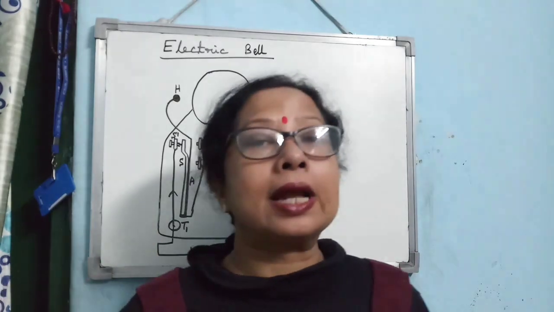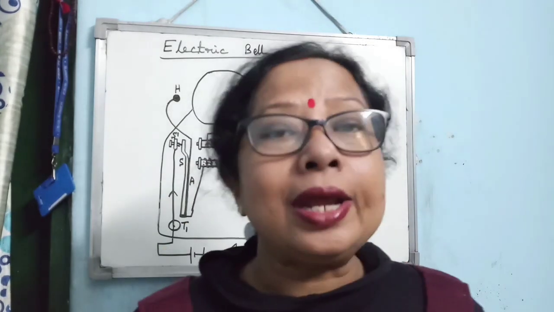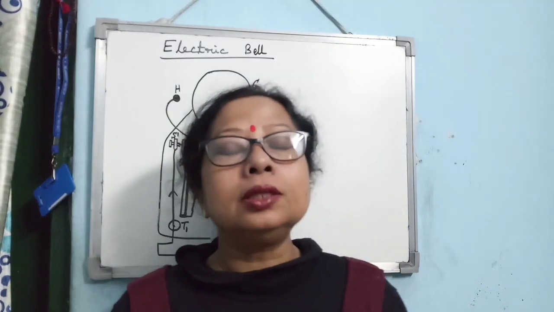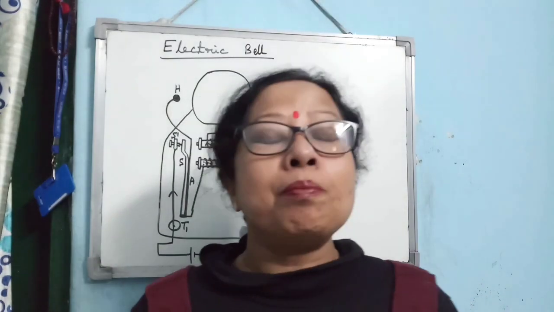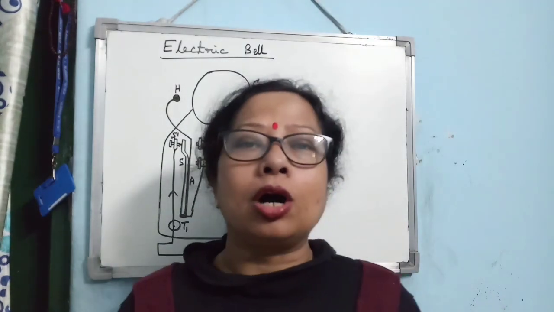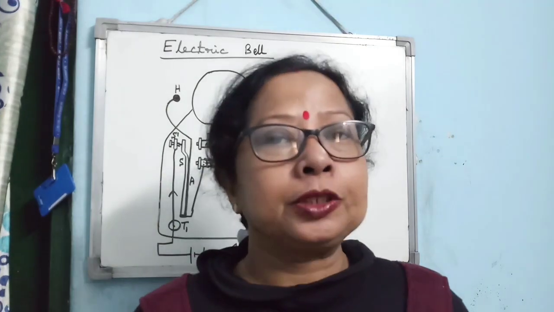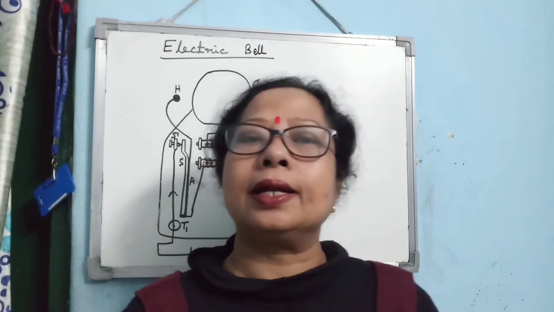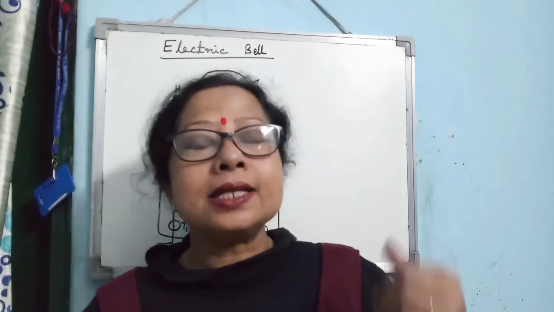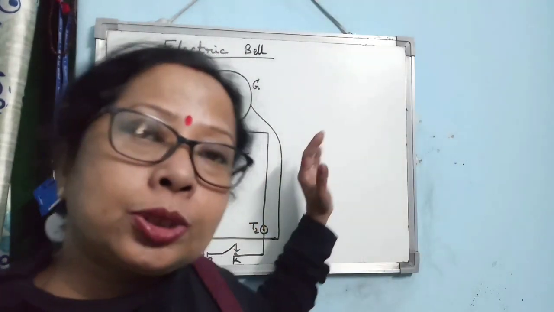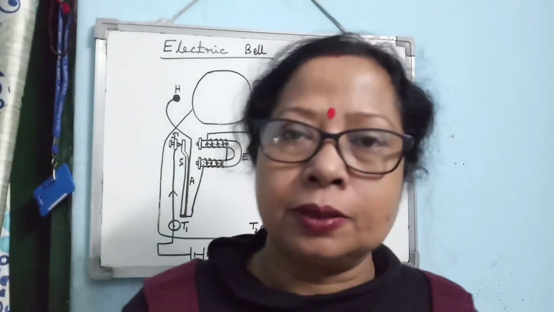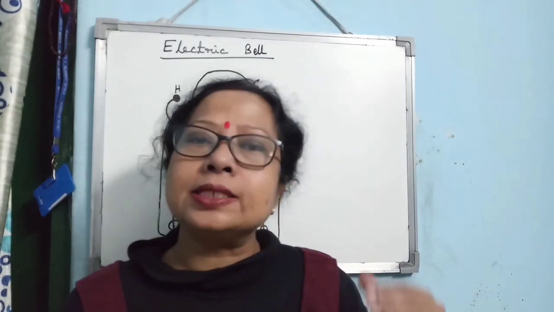So what should be your answer? That the electric bell works on the principle of magnetic effect of electric current. So only this statement you have to learn and remember. Clear? The next is how actually the electric bell works. Alright, so I am discussing that point-wise.